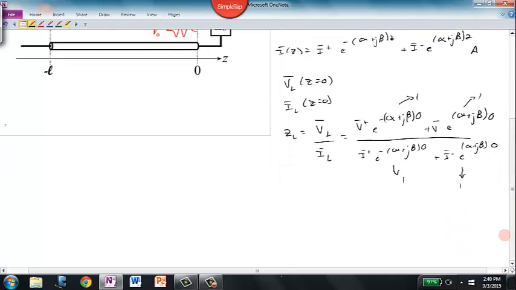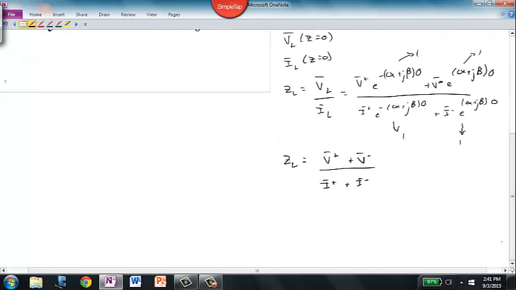And so that leaves us with ZL is equal to V bar plus plus V bar minus, sorry, I left off the minus sign there, over I bar plus plus I bar minus. So that's the relationship for the impedance at the load right there.